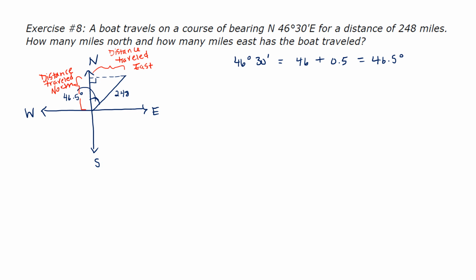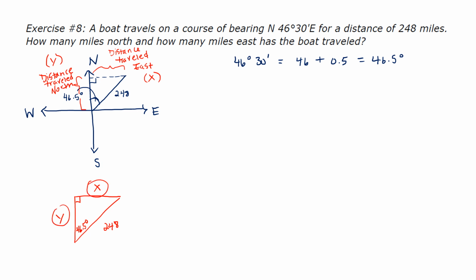Okay, so you can say we want to know x and we want to know y. So this would be y and this would be x. All right, if it helps, we can draw our triangle out here. Let's make it all connect. There we go. 46.5, 248, x, y.